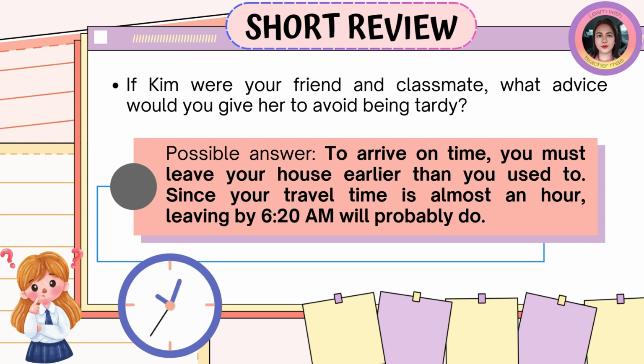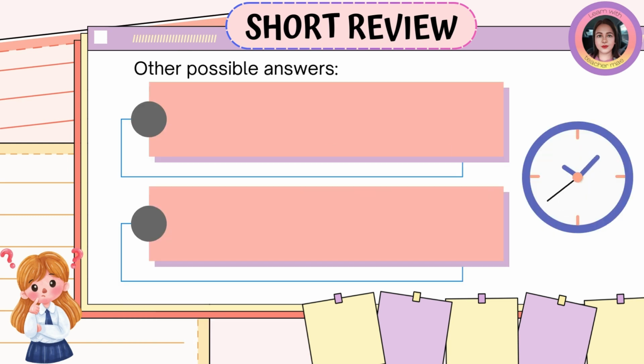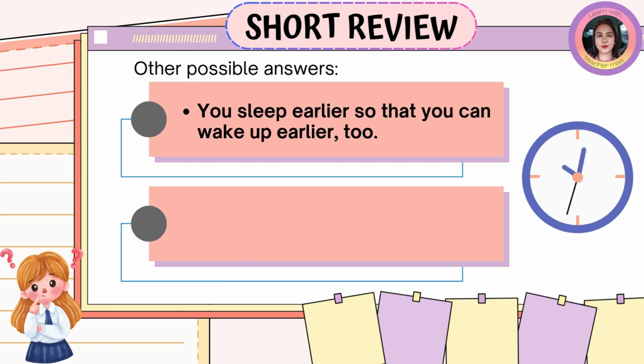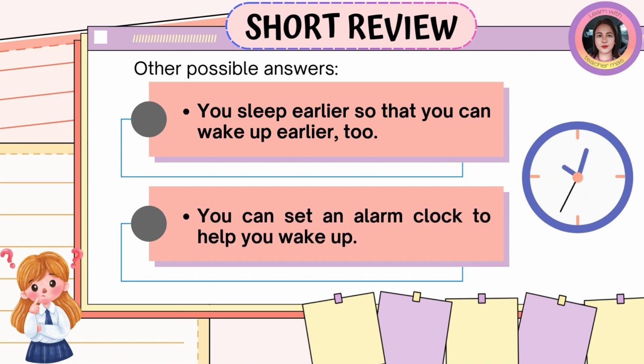Since your travel time is almost an hour, leaving by 6:20 a.m. will probably do. Other possible answers: you sleep earlier so that you can wake up earlier too. You can set an alarm clock to help you wake up.